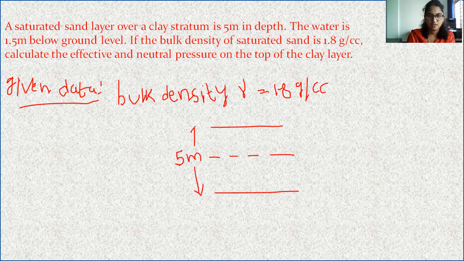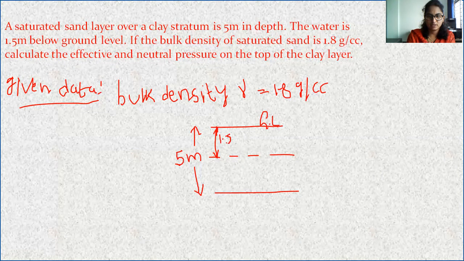Overall depth is 5 meters and the water table is 1.5 meters below ground level. So this is ground level, and this is the water table, located at a depth of 1.5 meters.